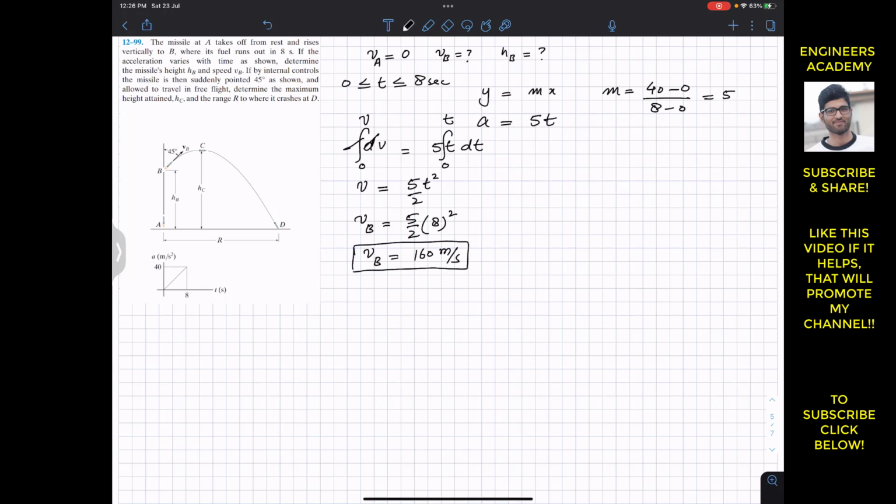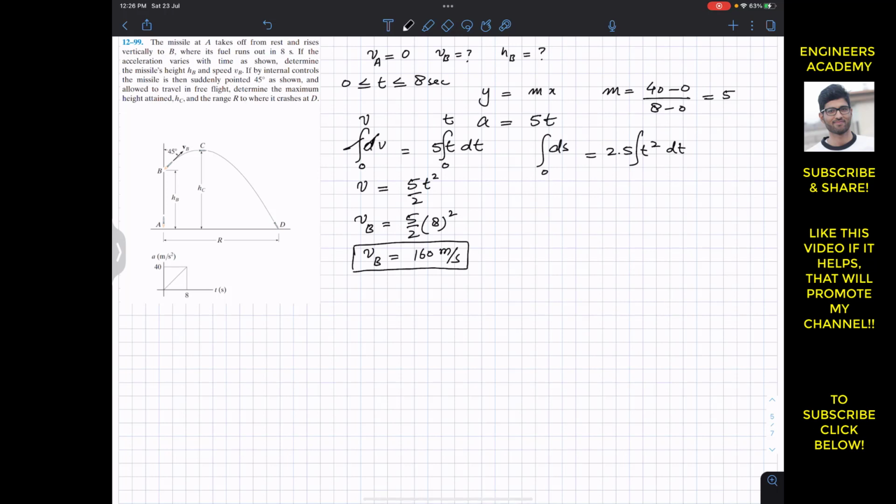And then from this equation we can say that the velocity is ds by dt, and 5 divided by 2 is 2.5 t squared. So we have the same equation, and velocity is replaced by ds by dt, and if we multiply both sides of the equation by dt, we will have ds equals 2.5 t squared dt, and then we have to integrate this.